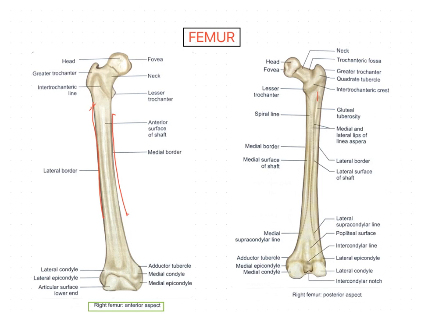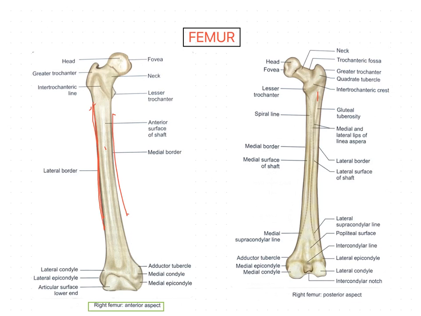The lateral border is rounded and ill-defined. It separates the anterior from the lateral surface. The medial border is also rounded and ill-defined. It separates the anterior surface from the medial surface.